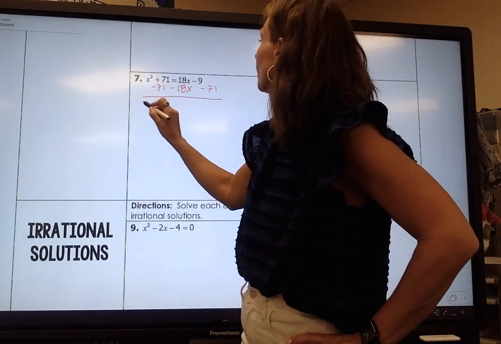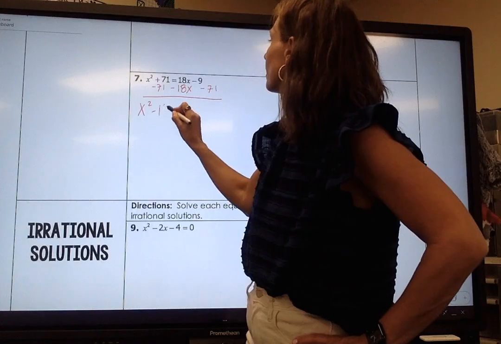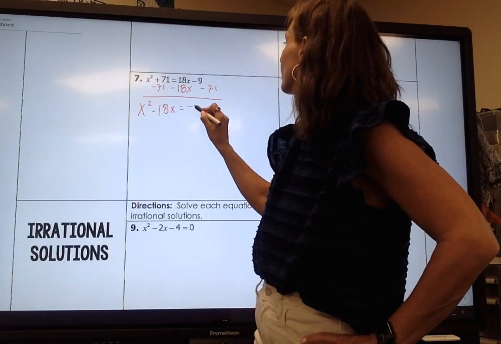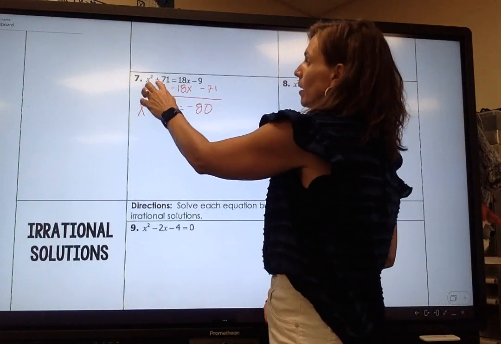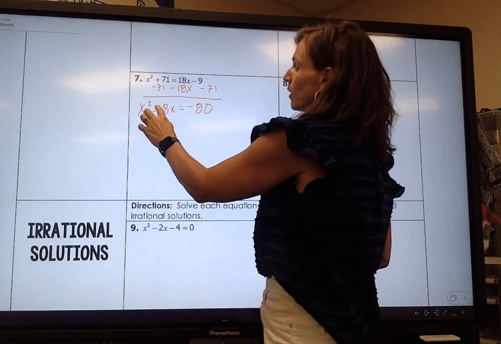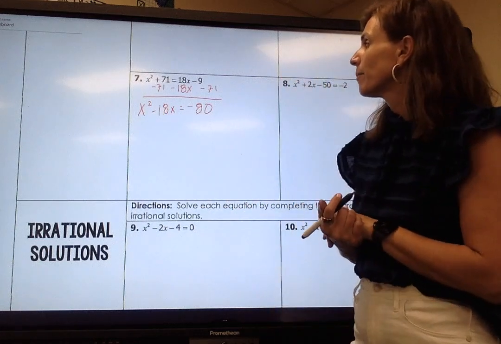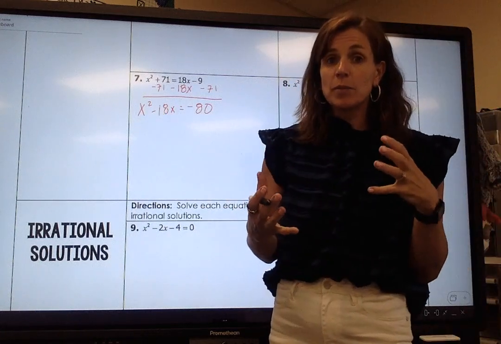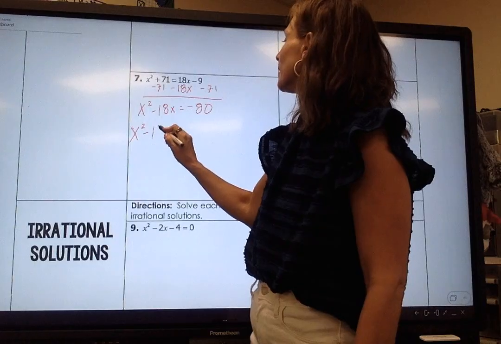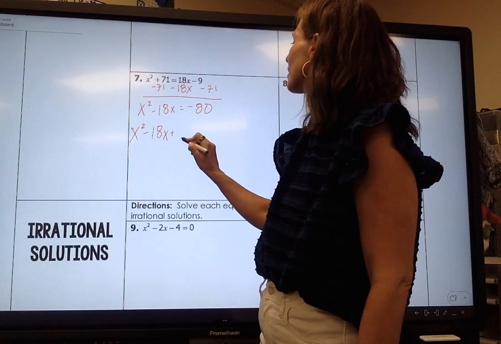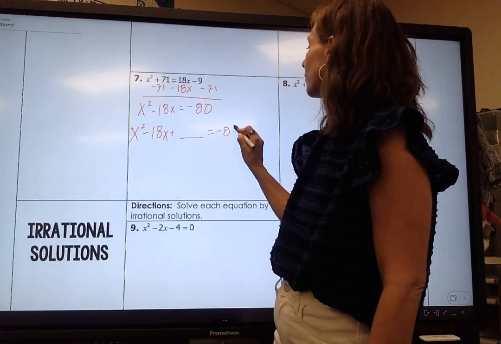So I get x squared minus 18x equals negative 80. So I brought my constant terms to the right and my linear terms to the left, and that's what I have. Now, I'm going to leave myself some space because I'm going to create that third term. So I get x squared minus 18x plus something equals negative 80.